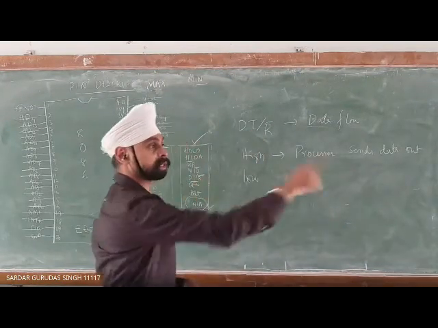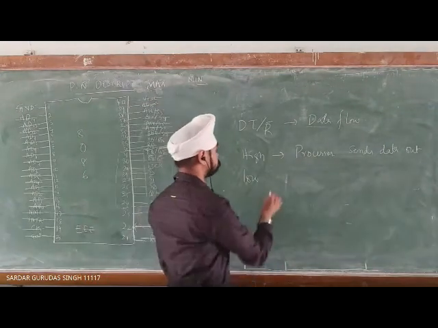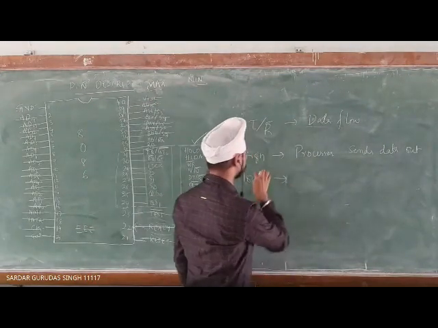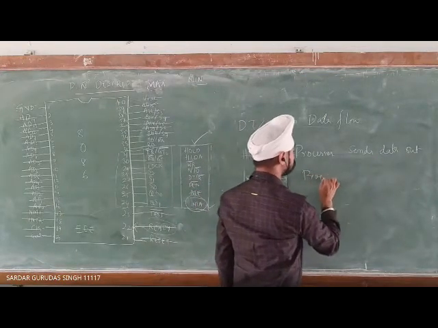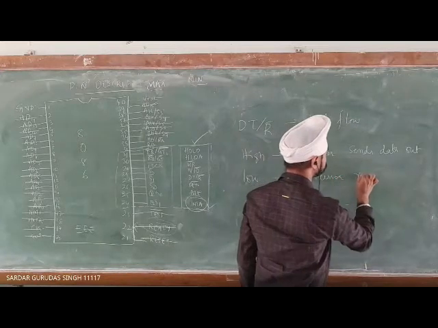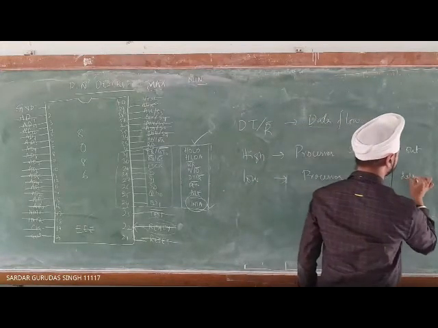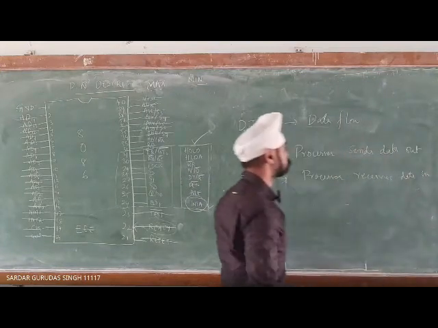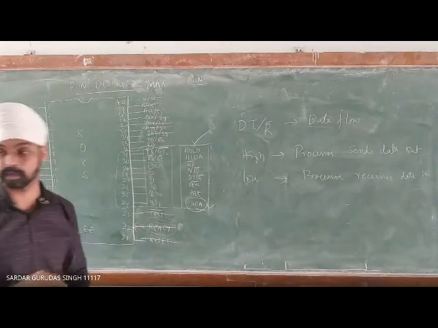Transmitting in the sense sending the data. Receiving in the sense receiving the data. Data transmit, processor sends data out, and low in the sense processor receives data in. Okay. Data out, transmitter, data in, receiver.